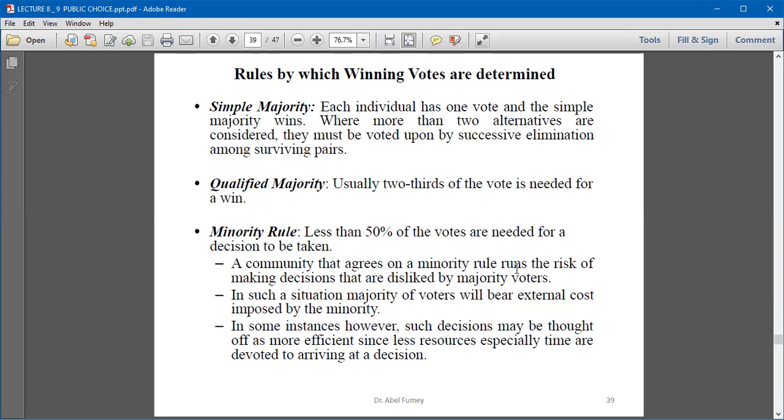In cases like this, the majority that didn't vote for that policy will be incurring higher external costs.